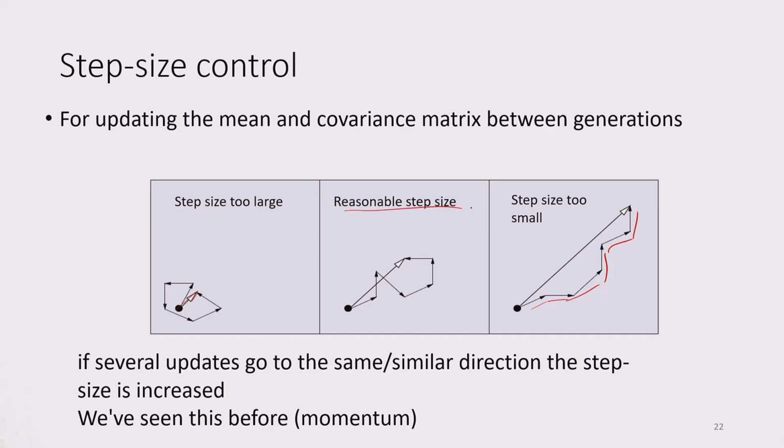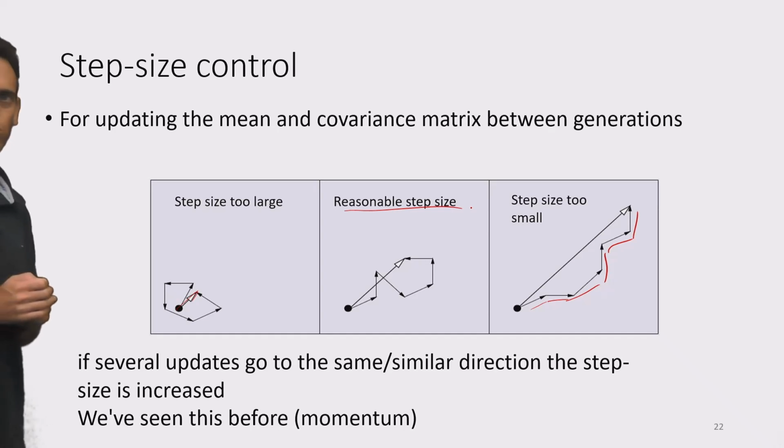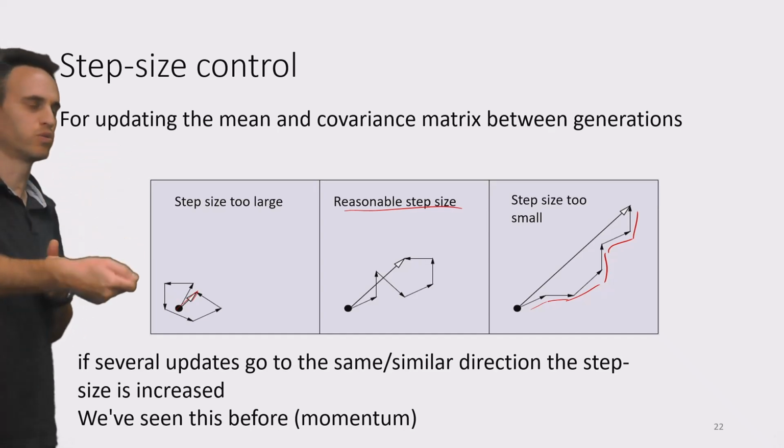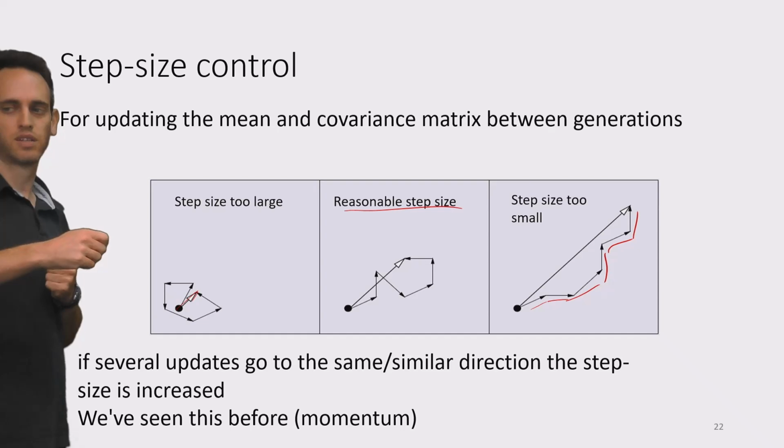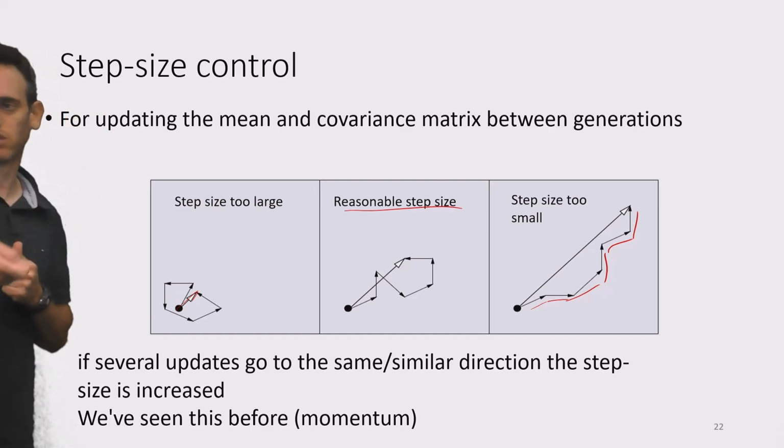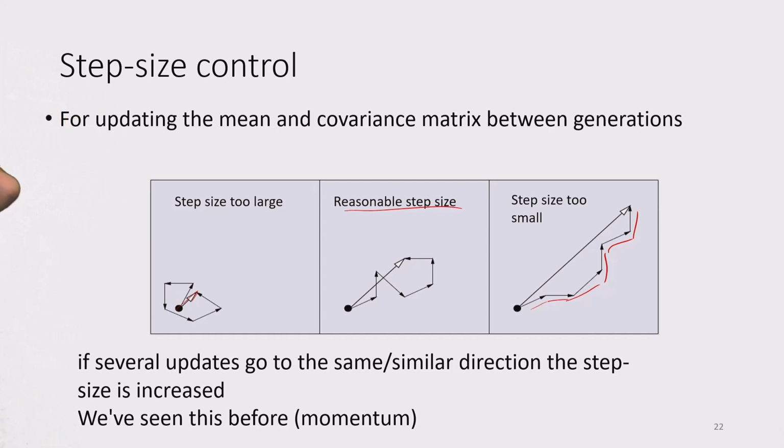Finally, we would like some reasonable step size that allows us to save on generations while not taking us to a wrong direction, to a wrong location. So the main idea here is that if we see several updates that go in the same or a similar direction, then we increase the step size. We can have it dynamically set. And this is something that we've seen before, right, when we discussed momentum in gradient descent. Well, this is something very similar.